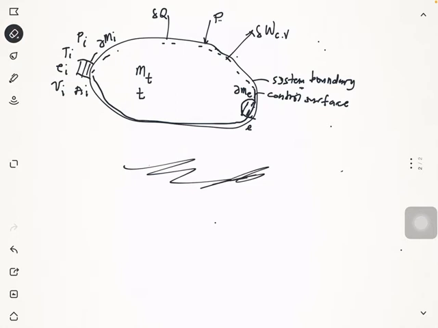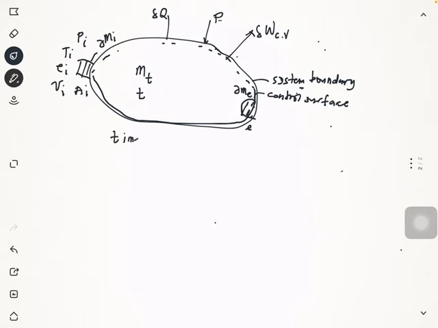Okay, given time t, here we have the mass at time t, this is the mass inside the control volume at time t.